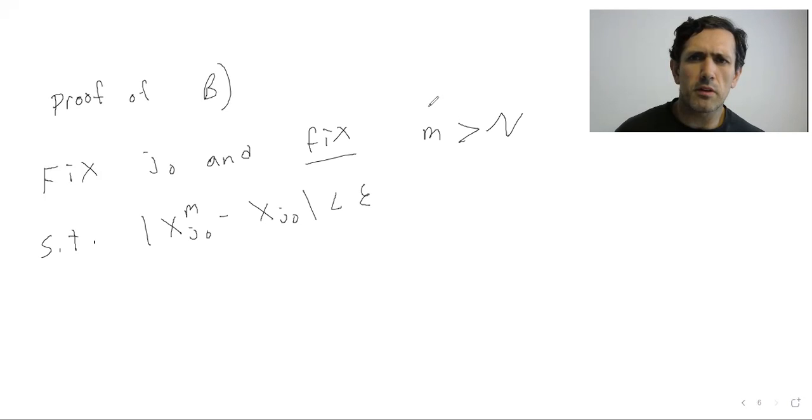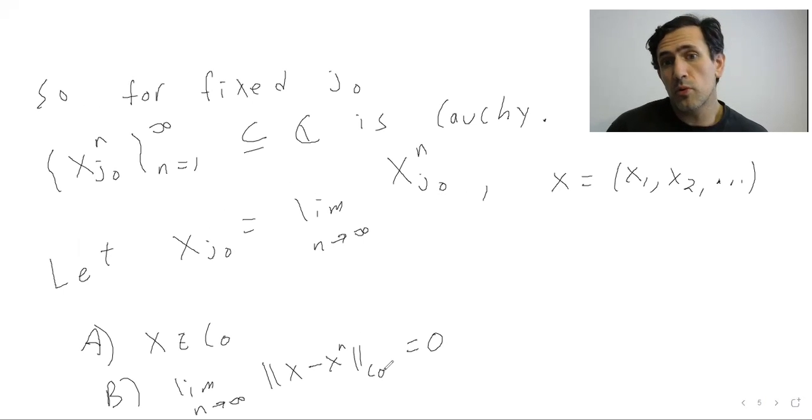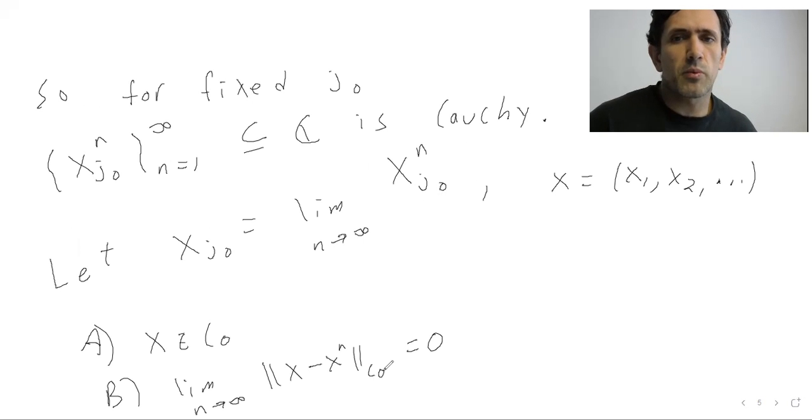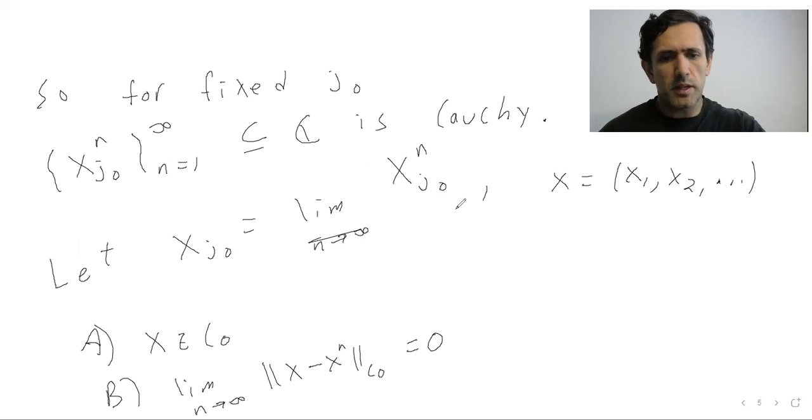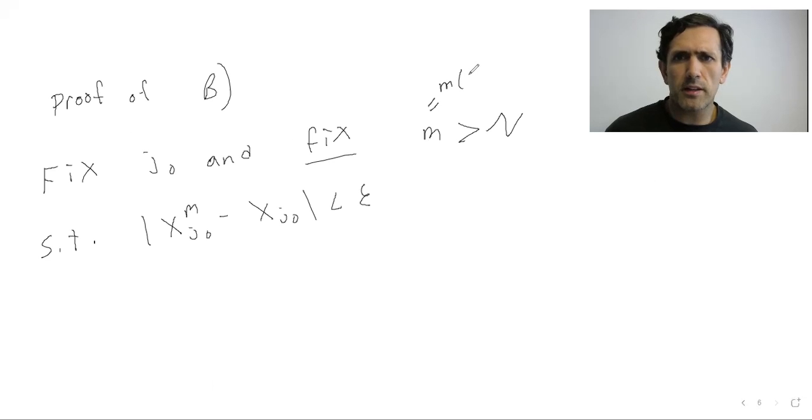Now, the thing you need to be a little careful about is that for each J0, we have this limit. We don't have any uniformity whatsoever. We're basically in B trying to prove uniform convergence, but we really have no uniformity in J0. So we need to be mindful that this might depend on epsilon, and it might depend on J0, but that's okay. That doesn't matter.